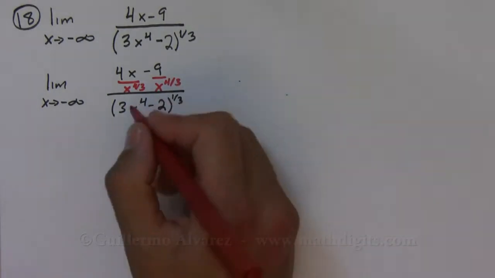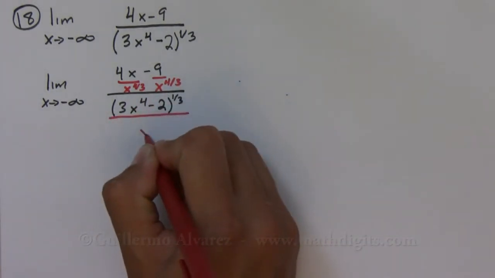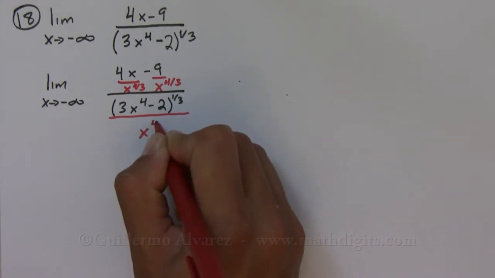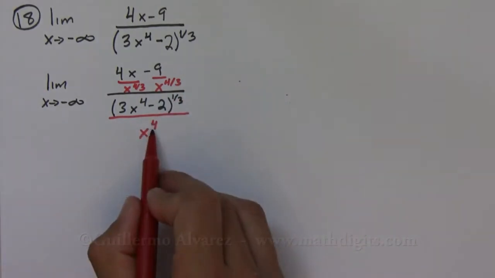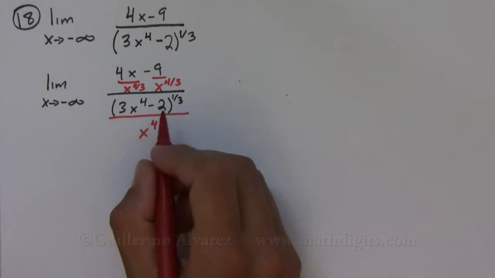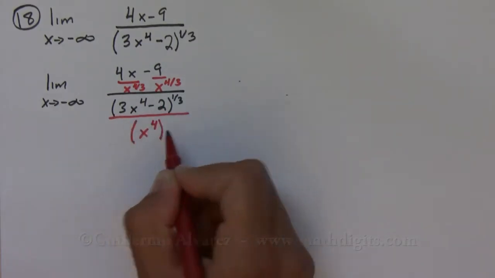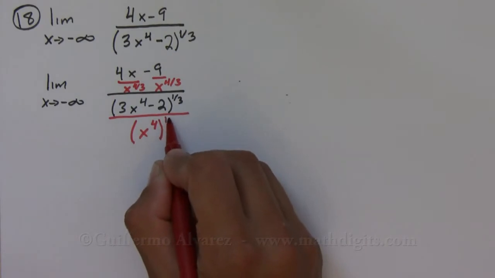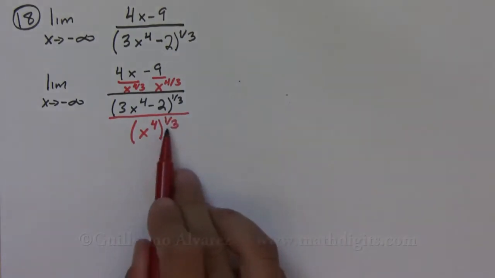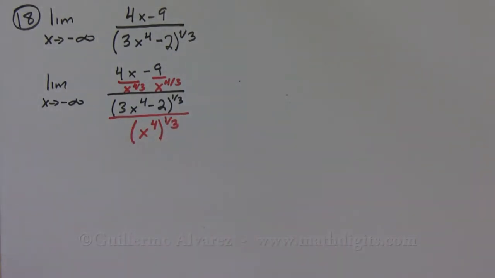And here we're going to divide by x to the 4. I'm going to write this one a little differently to save a step. Instead of writing it as x to the 4/3, I'm going to write it as x to the 4th raised to the 1/3, which is the same by the laws of exponents.